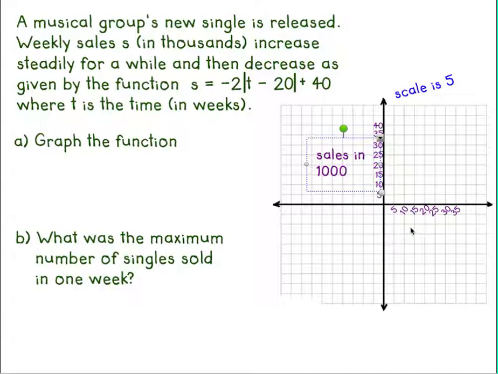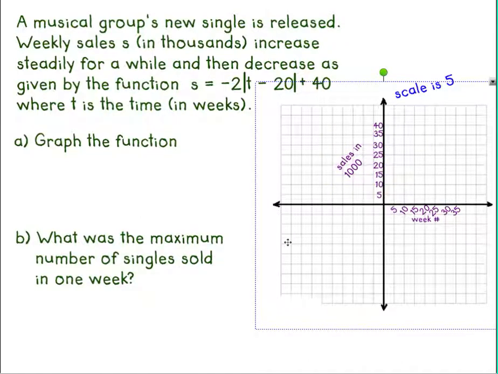And then this would be the number of weeks, or week number, whatever it might be. So now that everybody understands what each of these axes are representing, then you can go about making sense of this problem. Again, we only want to look at what's in this first quadrant here.